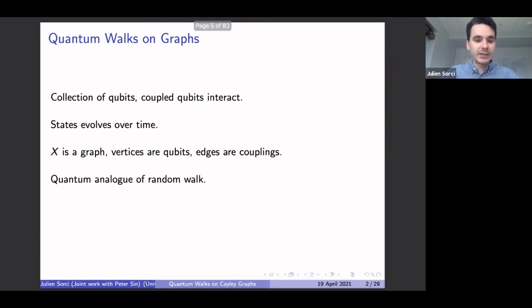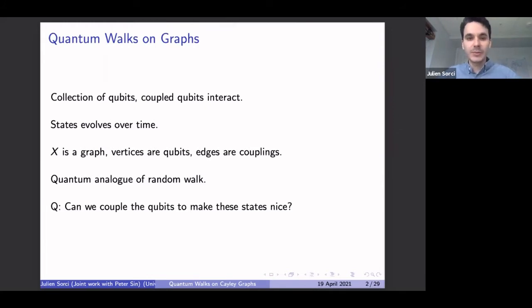This dynamical process, with information moving around, is a quantum analog of a random walk on the graph. We can think of a quantum walker, which is like the information, moving across the vertices of the graph based on the couplings we chose.